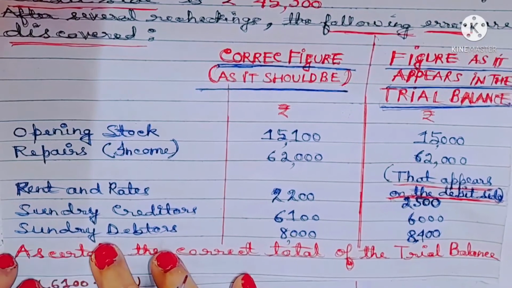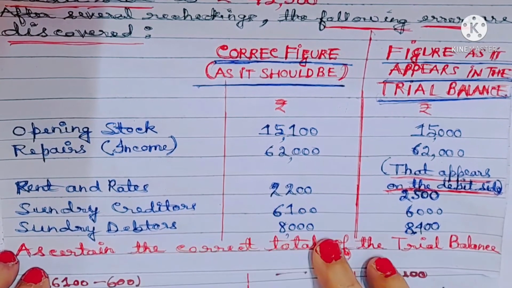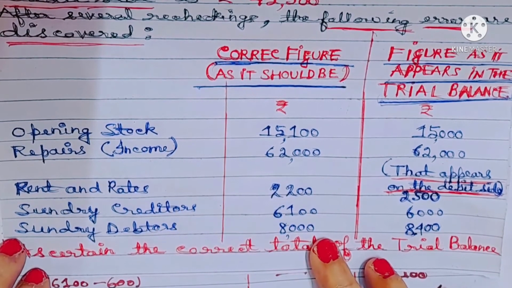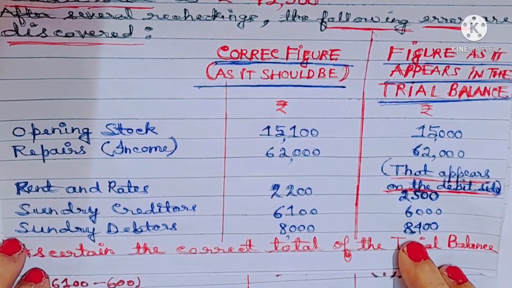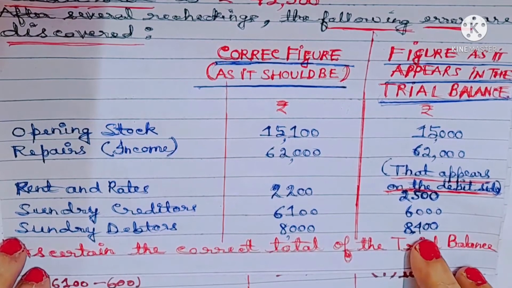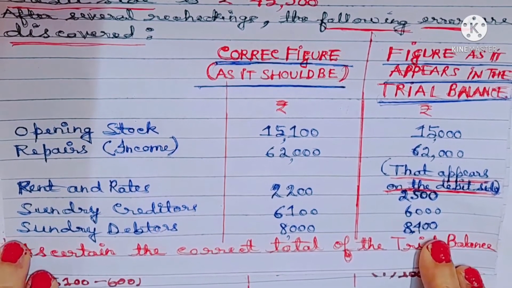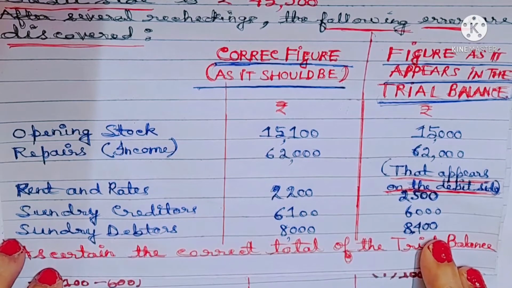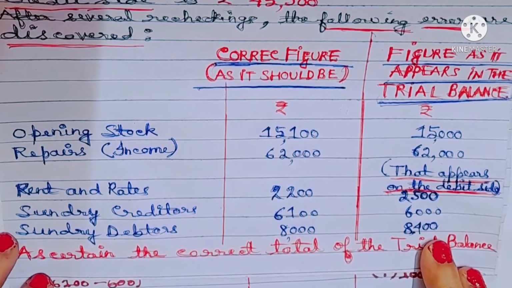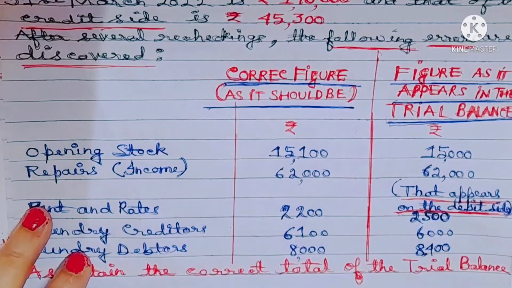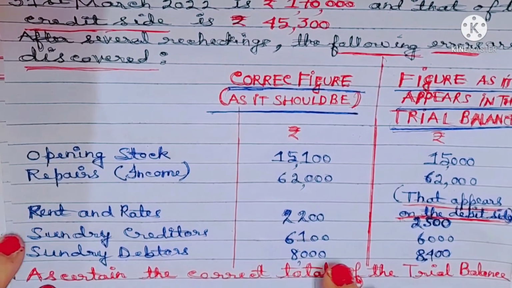The last account is sundry debtors. It should have been 8,000, but they have wrongly written sundry debtors in the debit column as 8,400. That means they have written 400 more. So what do we have to do? We have to deduct 400 in the debit column. Then it will become 8,000. So let's deduct minus 400 in the debit column.